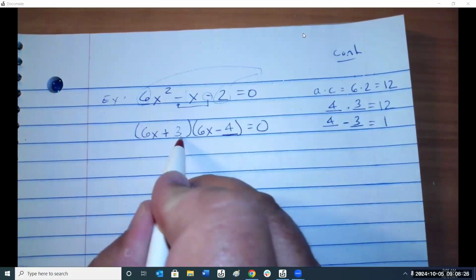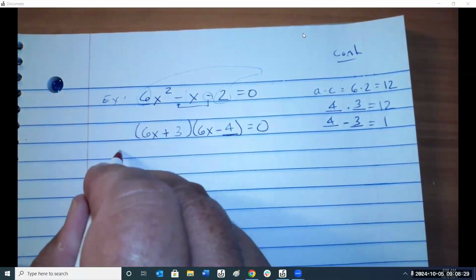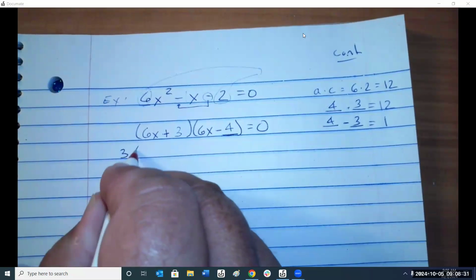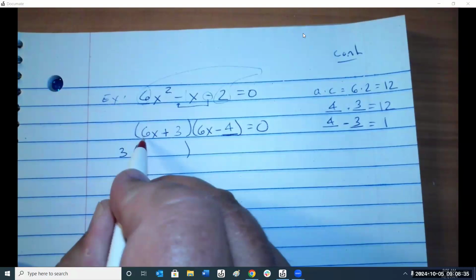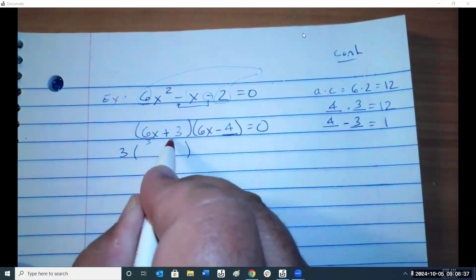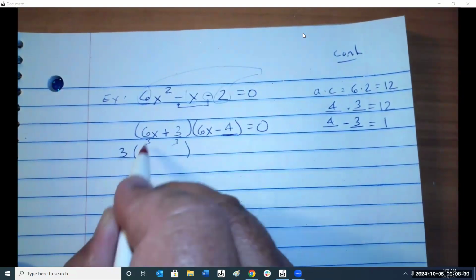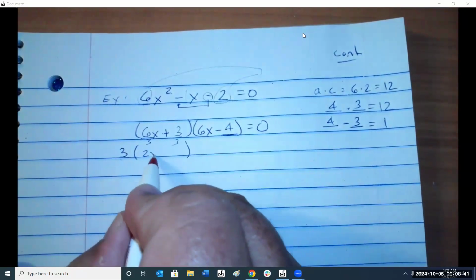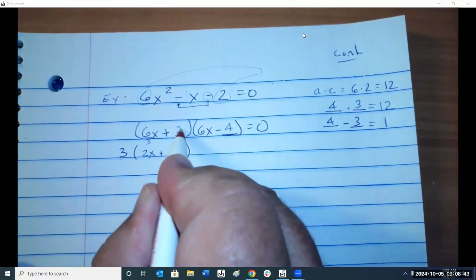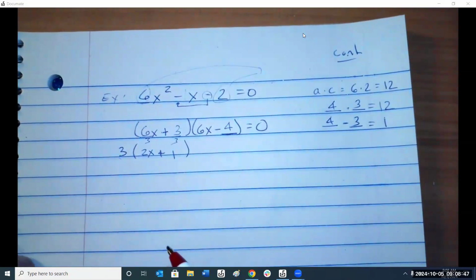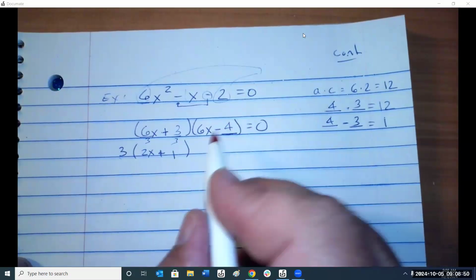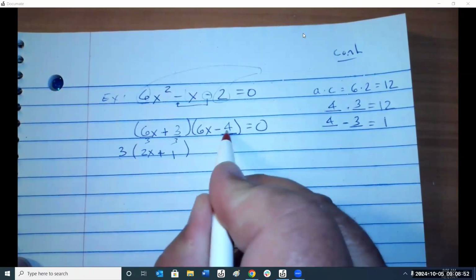Now, can we factor anything out of this first one? Yeah, they both have a 3 in common. If I divide both of these by 3, since I factored it out, 6 divided by 3 is 2x. 3 divided by 3 is 1. Same thing there. Can't factor. Do they have anything in common?